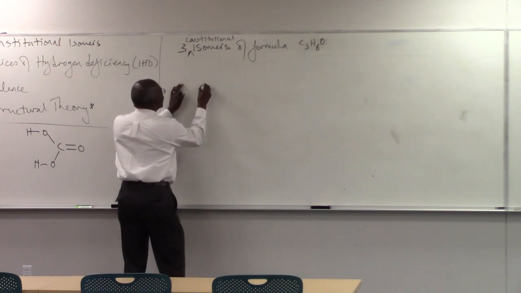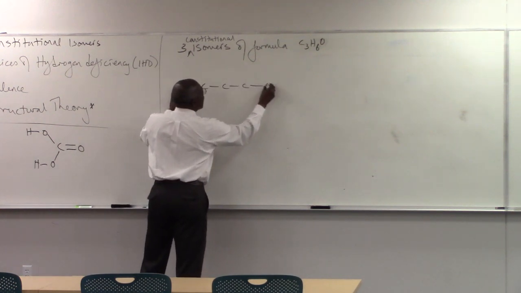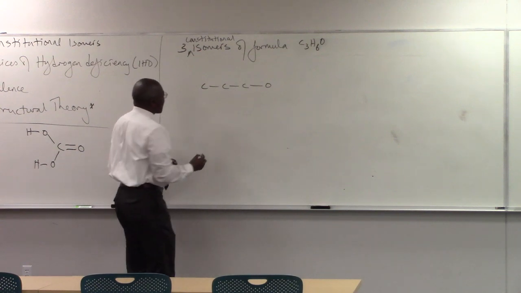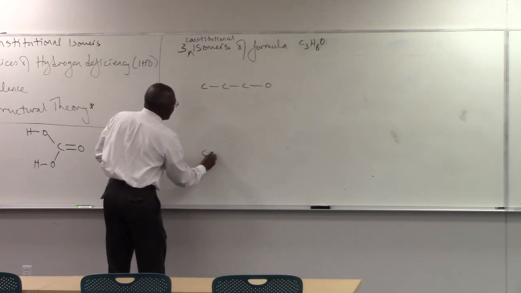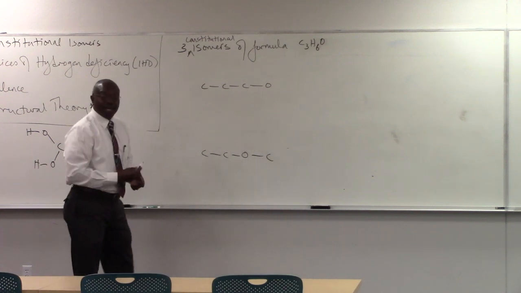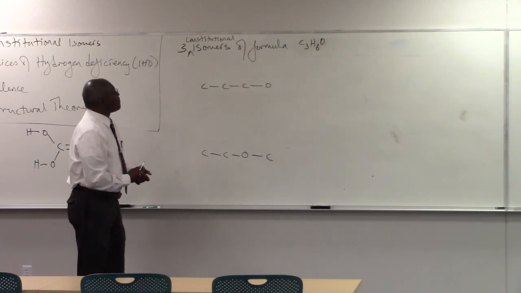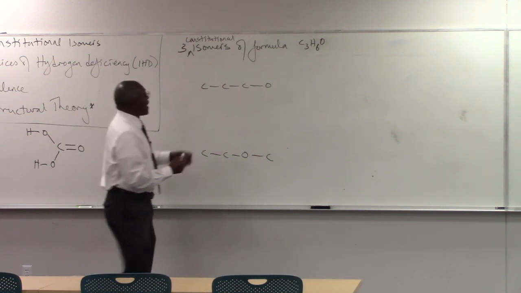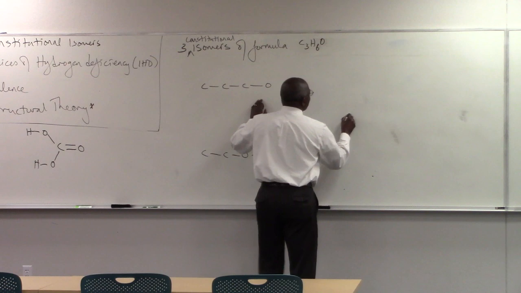Why don't I have a CCCO skeleton? I could try that. And then maybe that would be different from a CCOC skeleton. I could do that. And let's try to go ahead and stick some atoms on. And in fact, why don't we do a third one? Because I asked for 3.